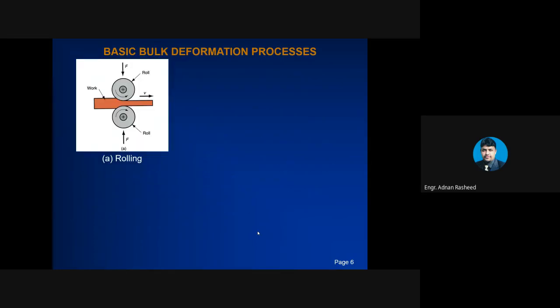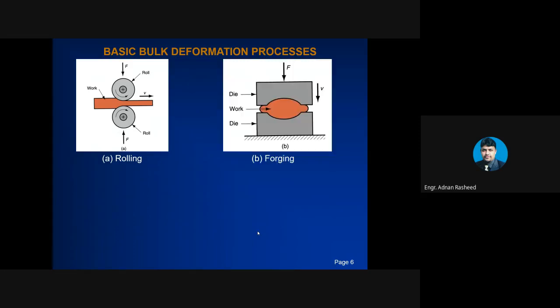So this is a rolling process. You can see that there are two opposite rollers, and the work is passed between these rollers, thus reducing the thickness of the work sheet or the working metal. The second example is forging. You can see these are the opposite dies having the shape defined in them.